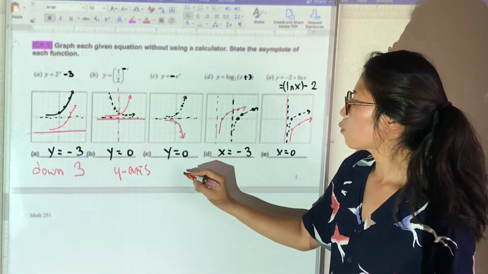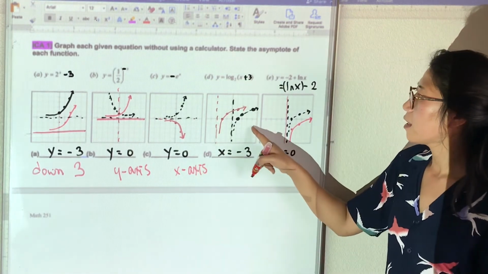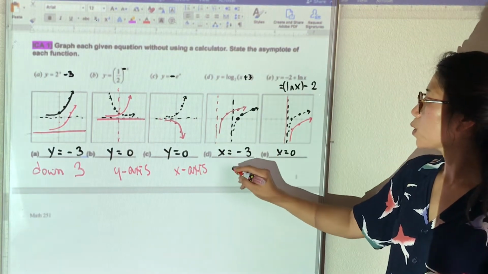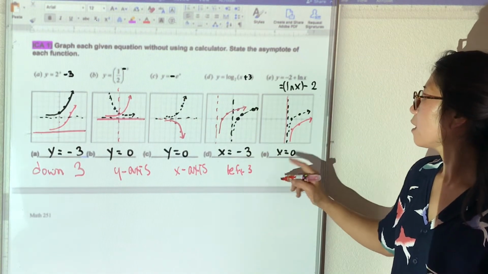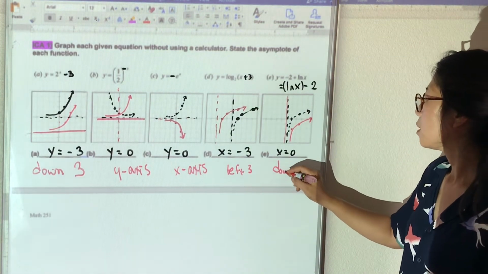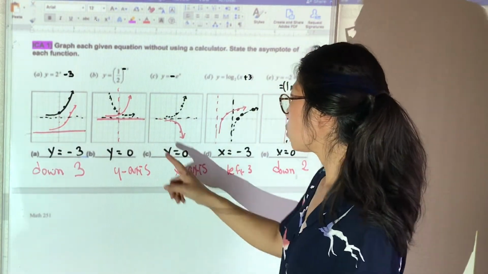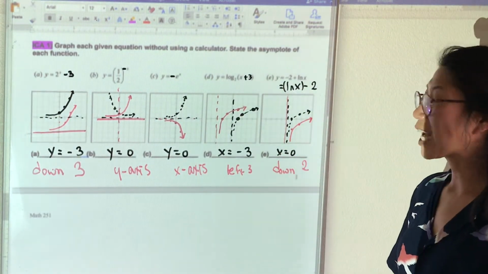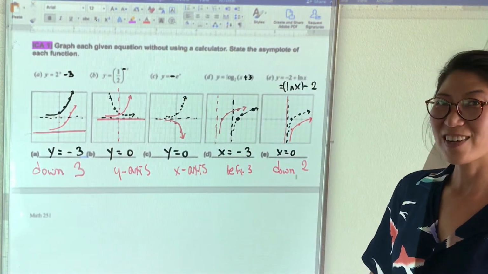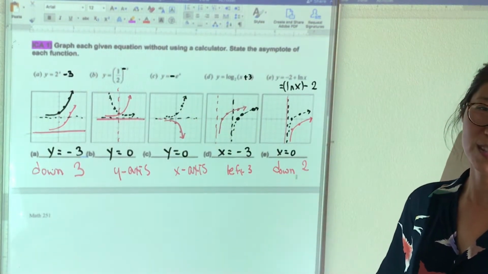This is going to be a reflection over the x-axis. The next one is going to be shift left 3. And the last one is going to be down 2. Make sure you show me the coordinates. You can also check with your calculator. If you got the correct answers, good job. If not, you can always ask me during office hours.